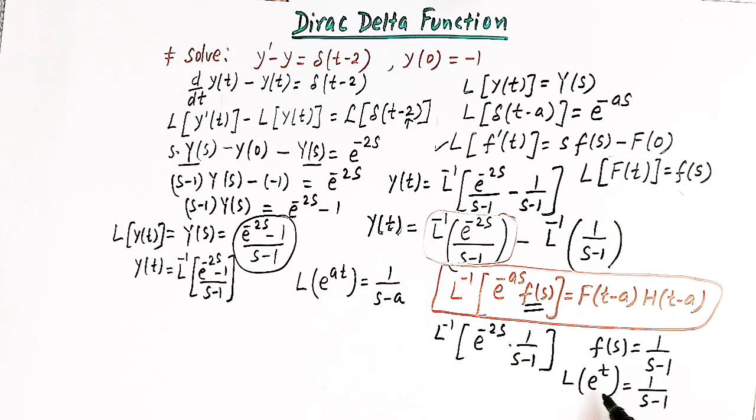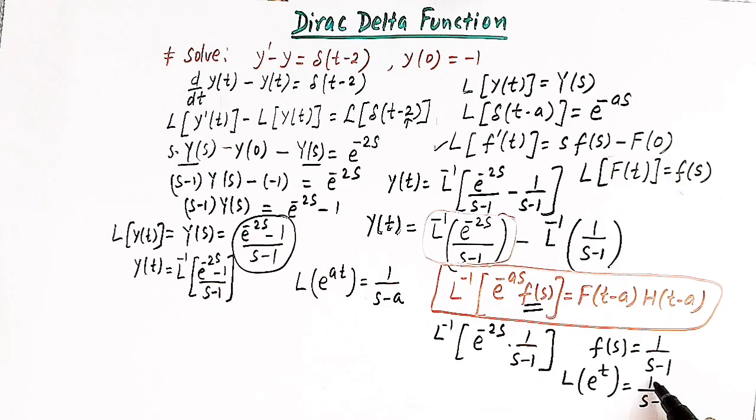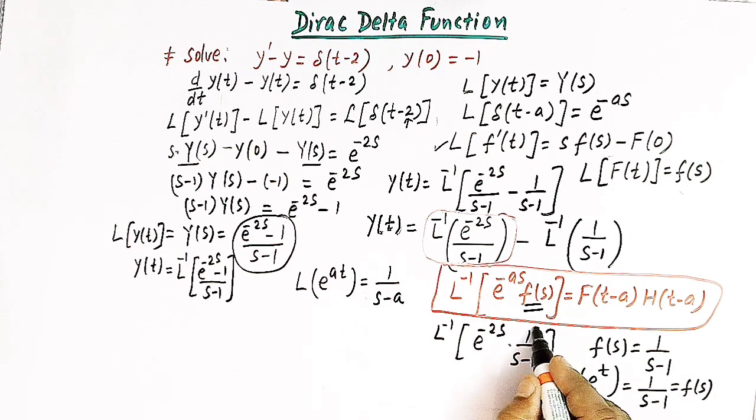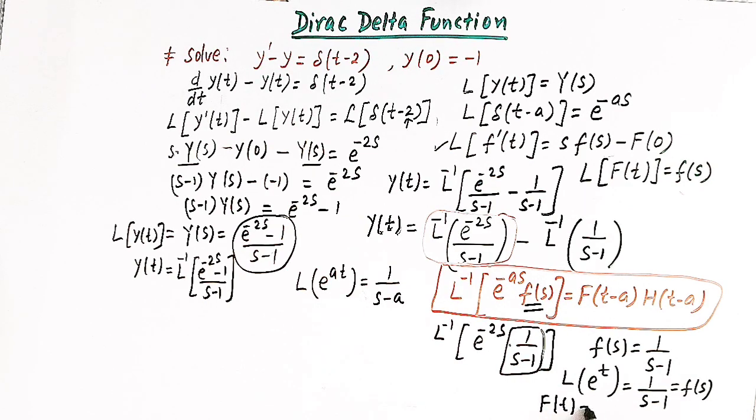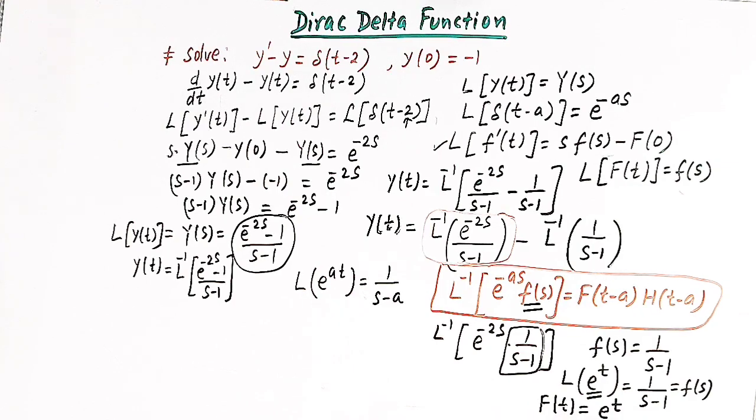So the Laplace transform of e raised to t is 1 over s minus 1. So this is our f of s. So now here we can write f of t is given by e raised to t, right? So this is our function f of t.